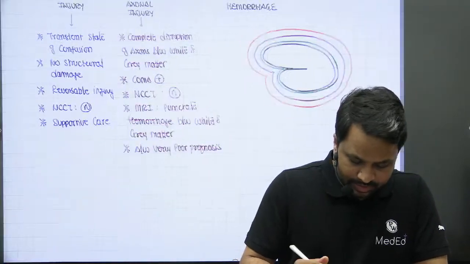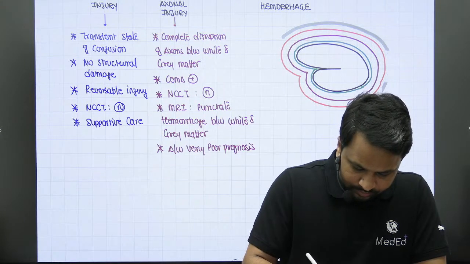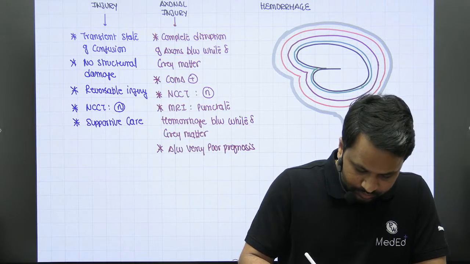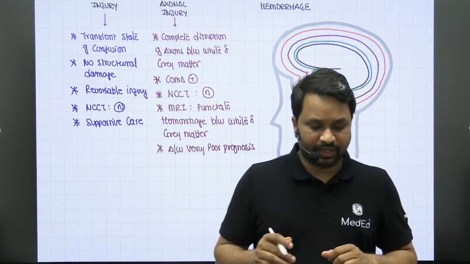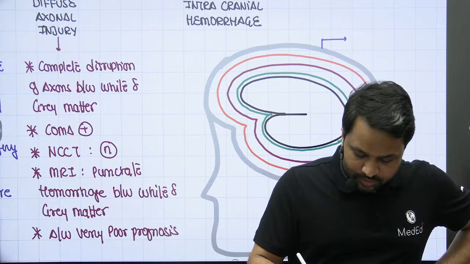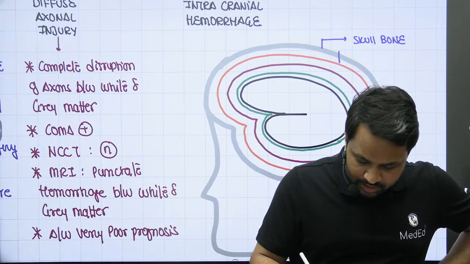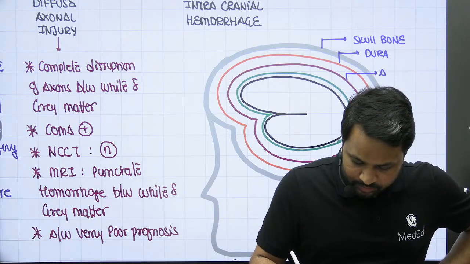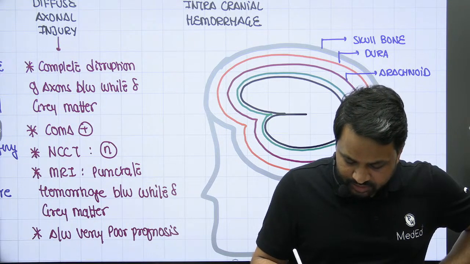This is the representation of the skull bone that you have. So when you go from outside in, the outermost is the skull bone. Then you have the dura, then you have the arachnoid membrane, and then you have the pia mater.